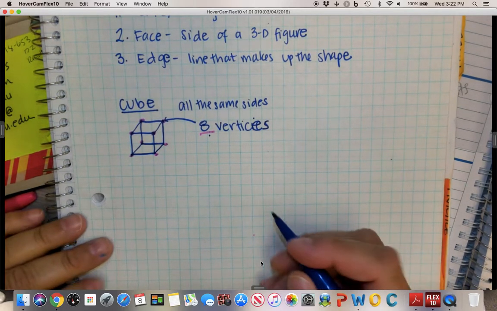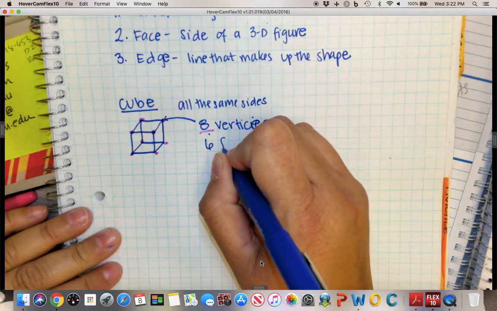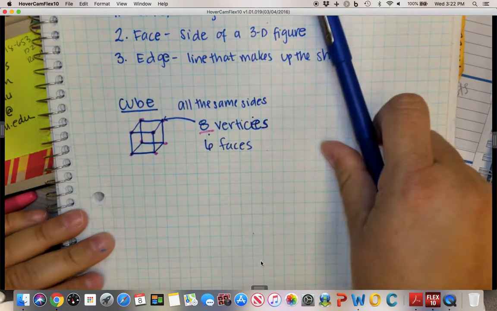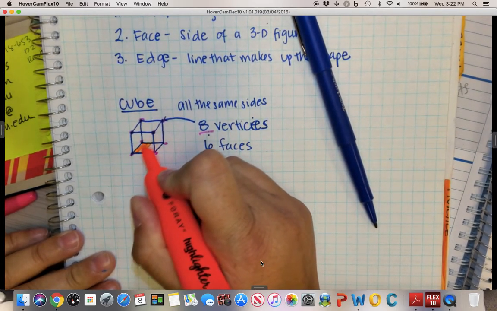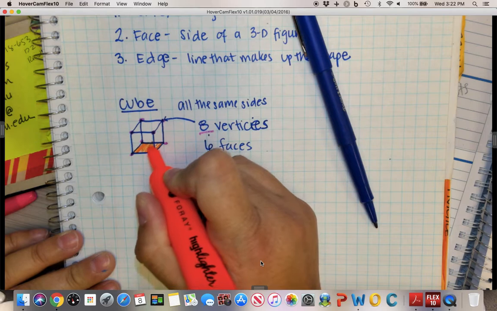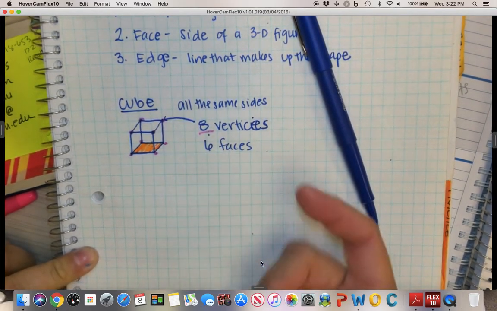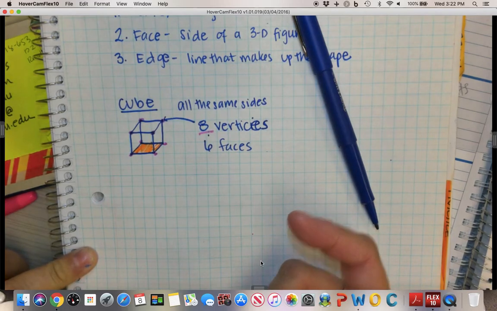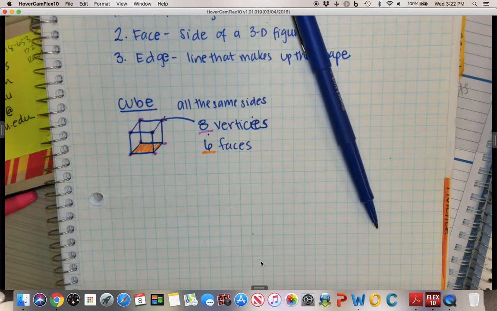A cube has 6 faces, just like a dice. Each of these are the faces, and I'm not going to color them all because then I would be coloring everything.